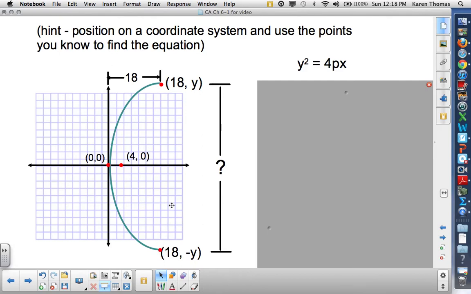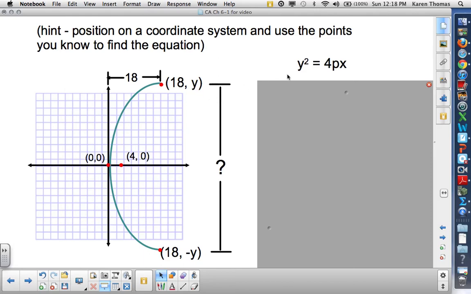Since it's 18 inches deep, I know that my x-coordinate, at this red dot, is 18 and some value for y. What I don't know is this distance from the x-axis to this point. I also don't know the distance from the x-axis to this point where it's negative y. So they're asking me to find this total distance here. I looked at the way I put this parabola on my coordinate plane.